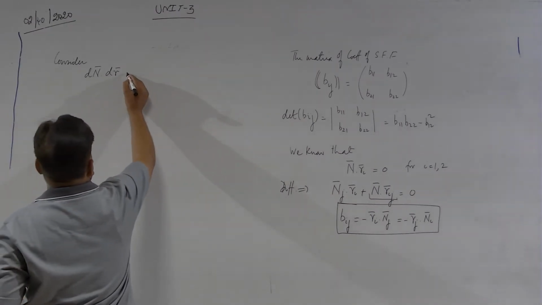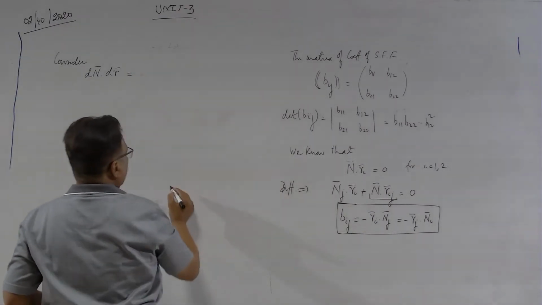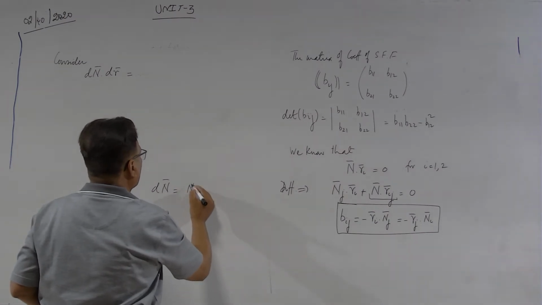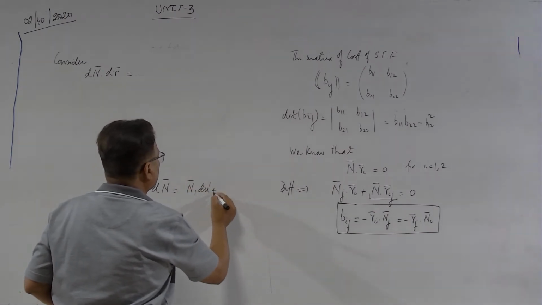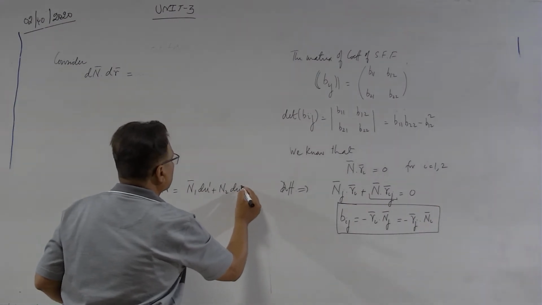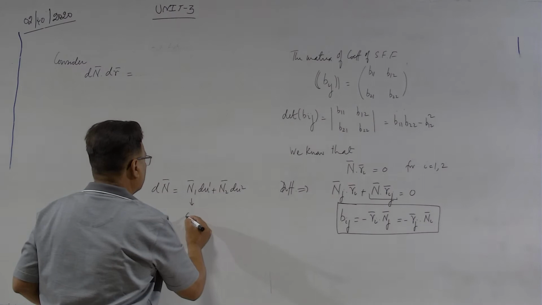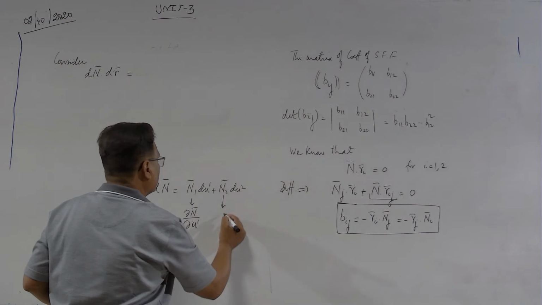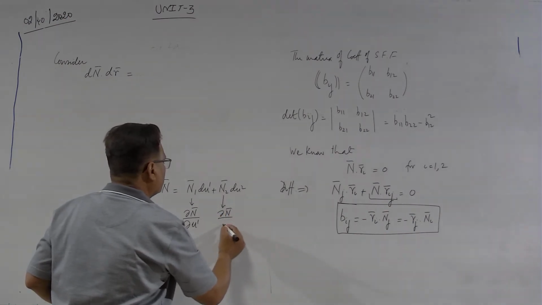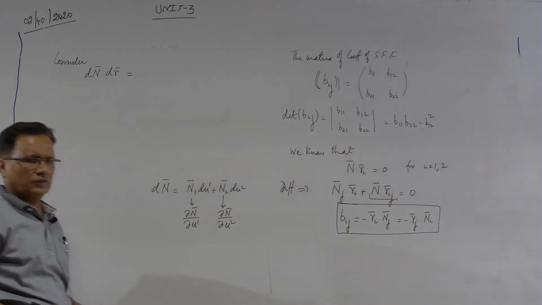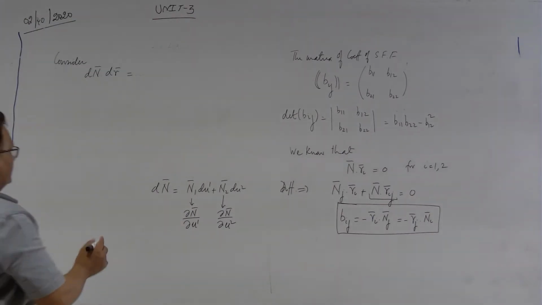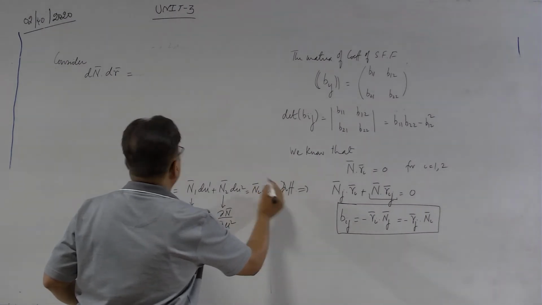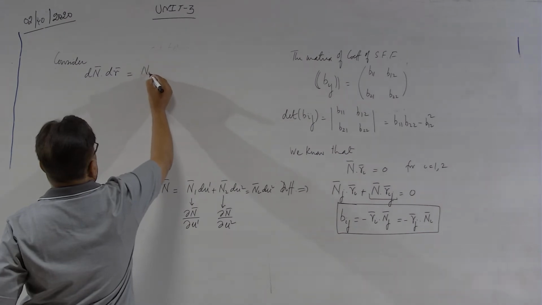So, dn is n1 into du1 plus n2 into du2. n1 means del n over del u1, n2 means the derivative of n with respect to u2. So, this is how we choose our symbols. So, in short, this is n i dui.